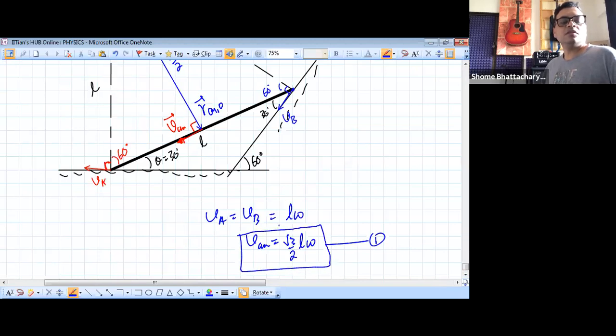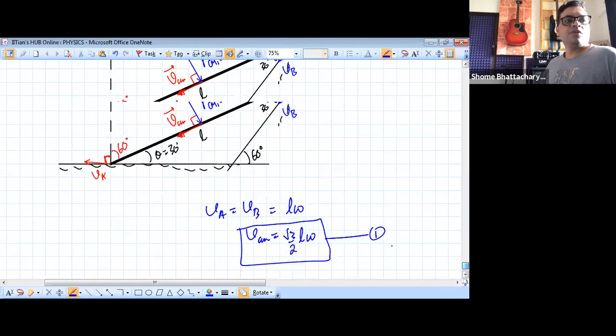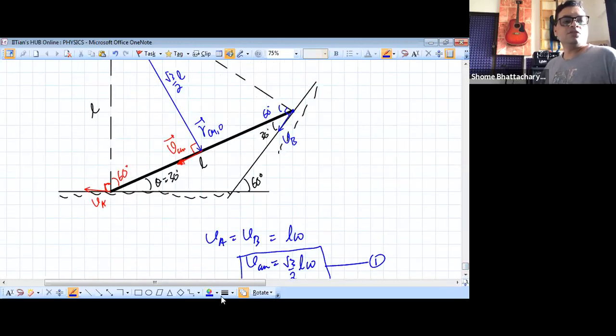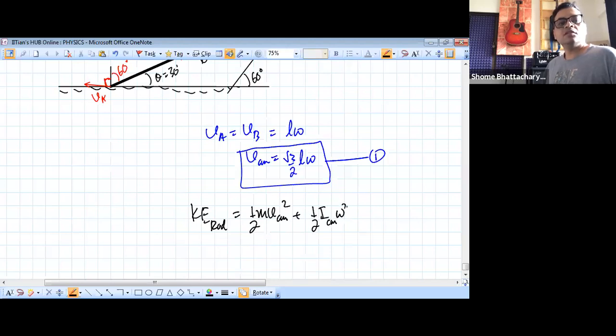So this is one thing. The kinetic energy of the rod: it is rotating about the center of mass with the same omega as it is rotating about the instantaneous axis. So the kinetic energy of the rod becomes half m VCM square plus half I about center of mass into omega square.